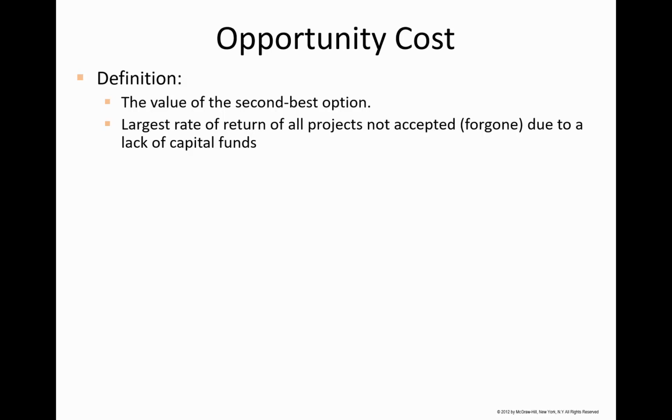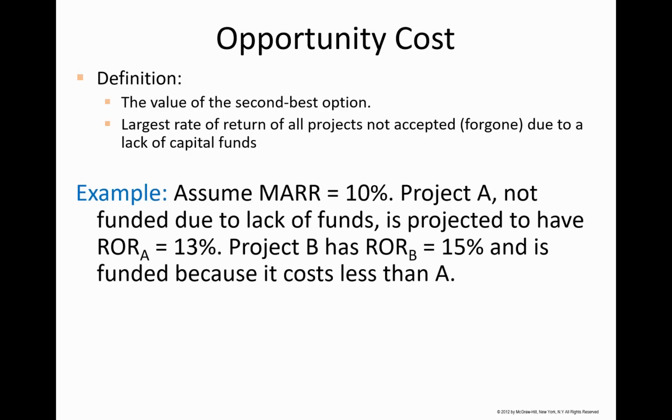So that is opportunity cost. It's the largest rate of return of all the projects that you didn't accept due to a lack of capital funds. If you can't do a certain project because you can't borrow the money to do it, then that's your opportunity cost. So let's say that your minimum acceptable rate of return for your company is 10%, and you can't do project A because you're not able to borrow enough money to do it.